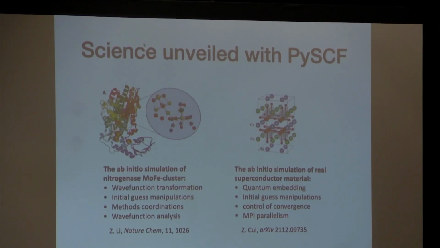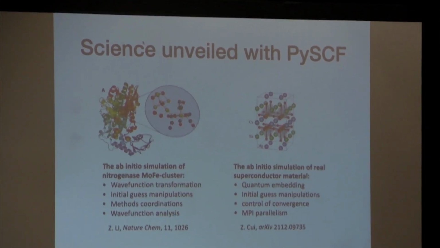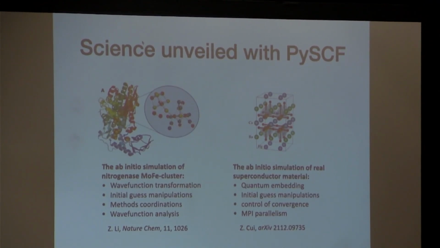For example, in the nitrogenase research, we're trying to figure out the procedure of the reaction between nitrogen and certain other molecules. In this case, it's a really complicated system. Based on the PySCF package, more than 10,000 lines of code were developed to transform the wave function between different models, to construct initial guesses, and to make those different methods work together.